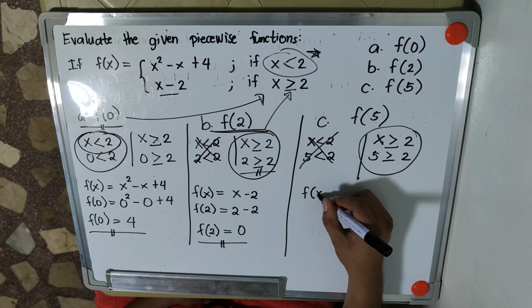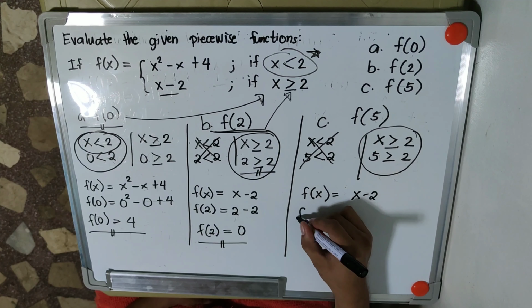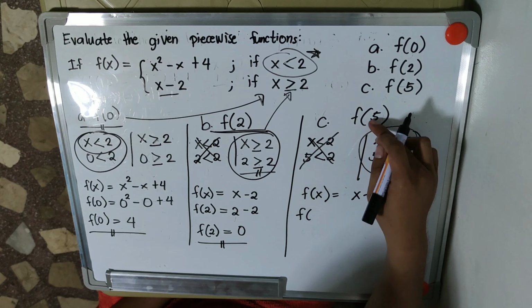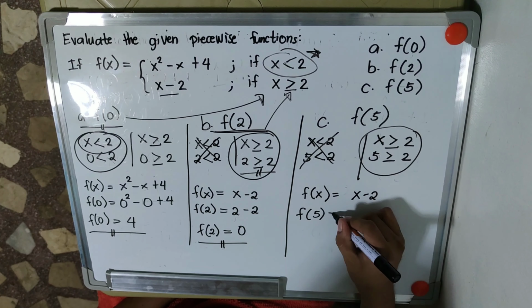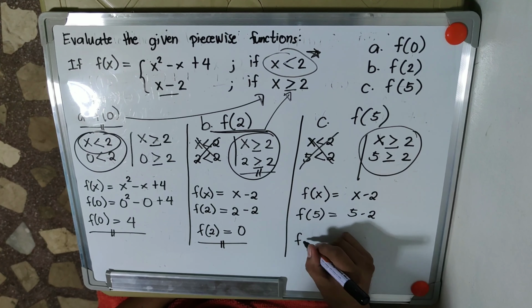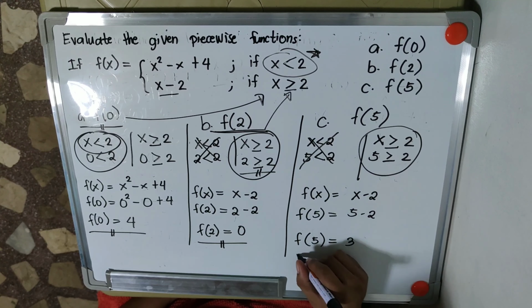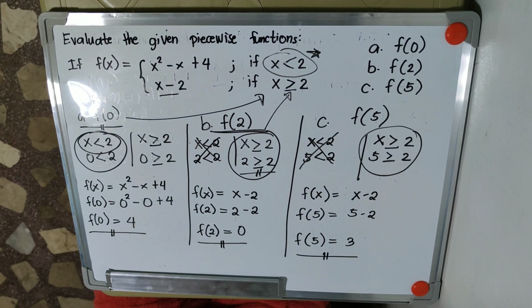Our f of x is equal to x minus 2. So substitute the value of x, f of 5 is equal to, ano yun? 5 minus 2. So therefore, our f of 5 is equal to 3. Again, let's repeat.